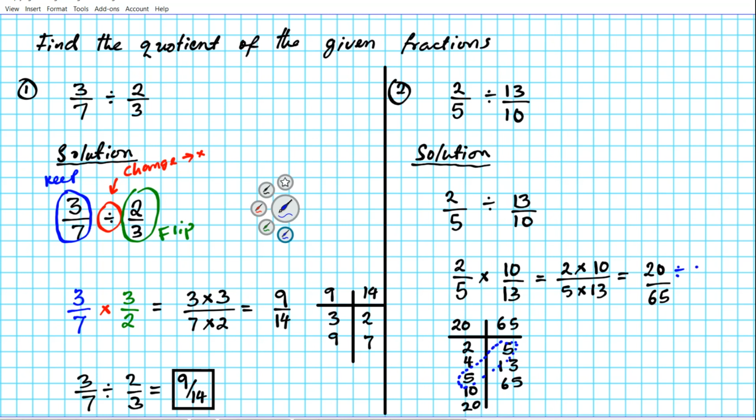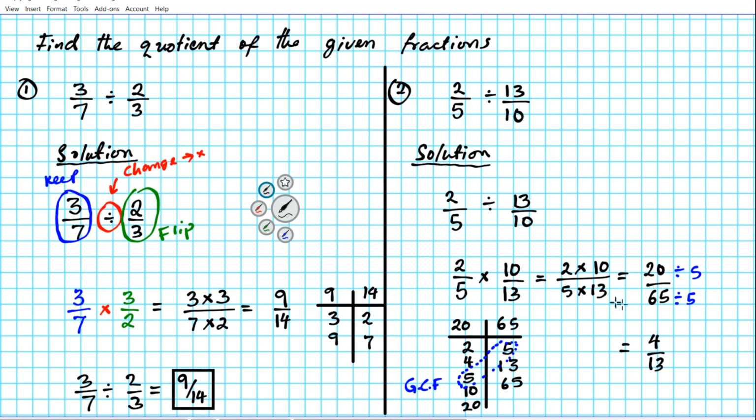All right, so if we divide both by the greatest common factor, remember that you will always end up with the completely reduced form. If you reduce by smaller factors, you still have to keep on reducing. So since we divided by the greatest common factor, 20 divided by 5 is 4. 65 divided by 5 is 13.